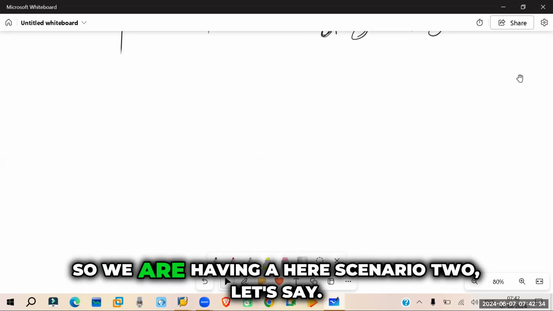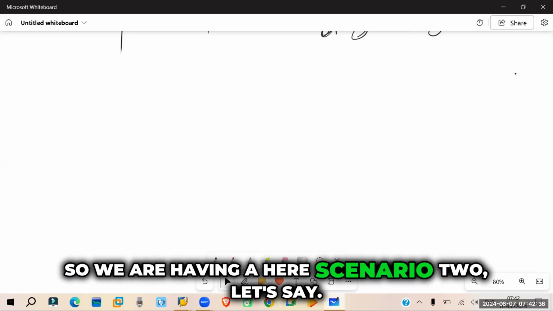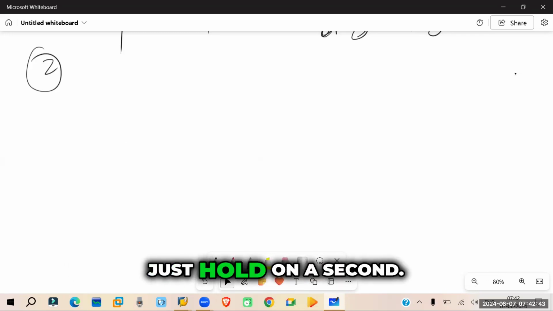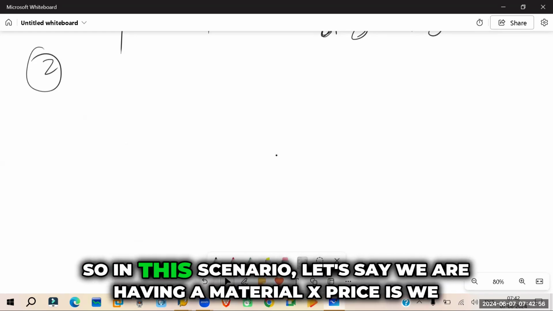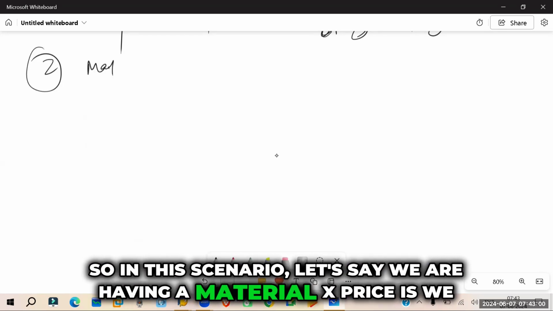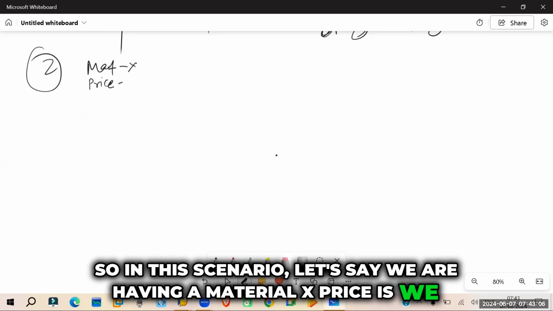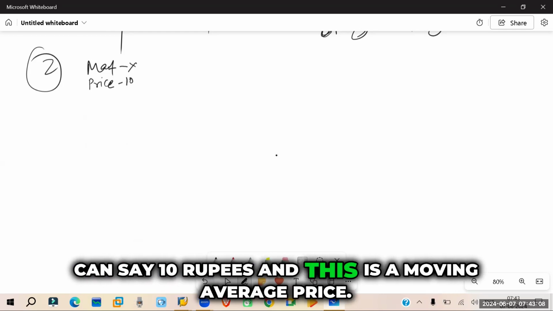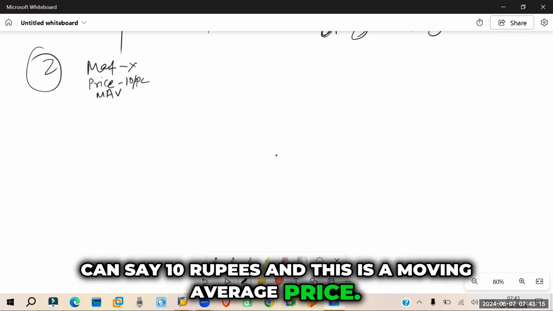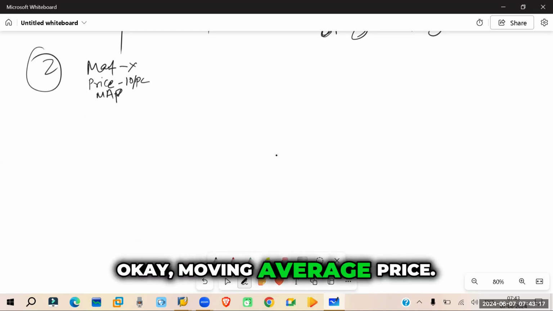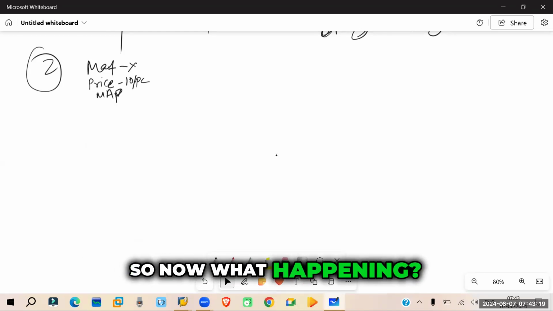Now let's understand. We have here scenario 2, let's say. So in this scenario, we have a material X, the price is, let's say, 10 rupees, and this is a moving average price. Now what is happening?